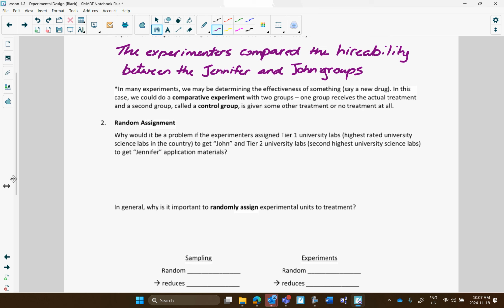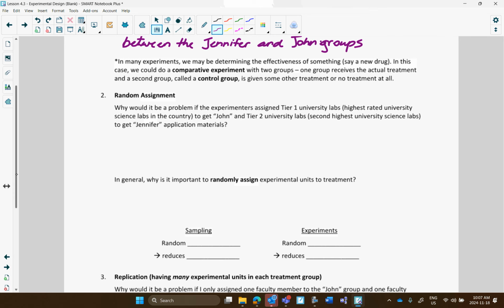Another big thing, we need to randomly create the groups. So why would it be a problem if, let's say, a tier 1 university lab got all the John applications, and a tier 2 university lab got all the Jennifer applications?